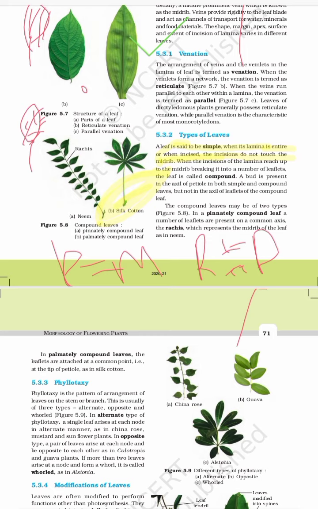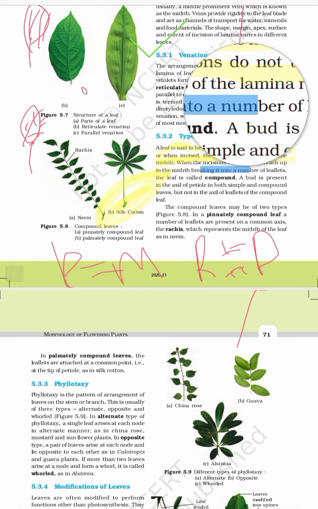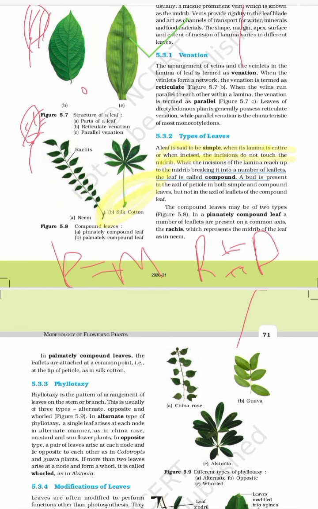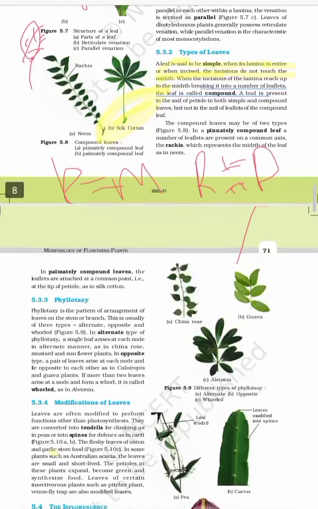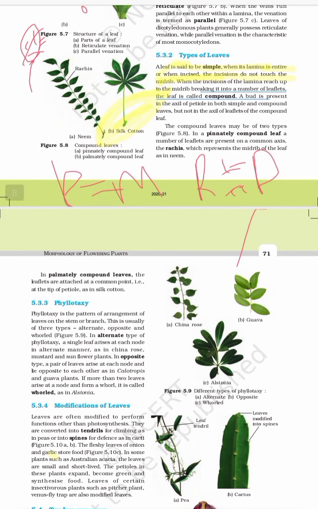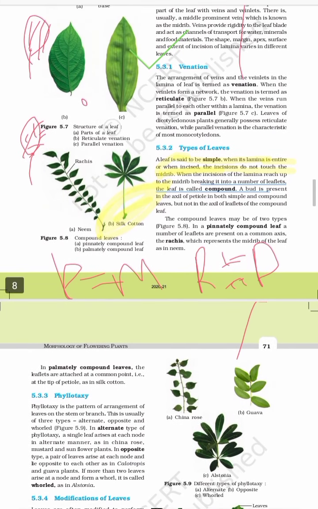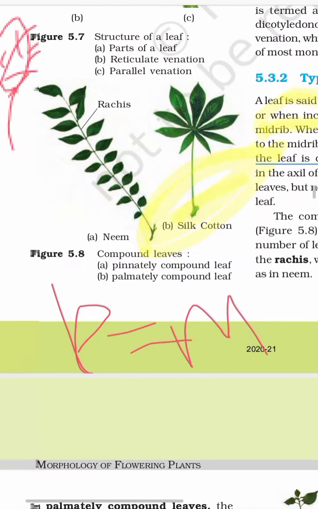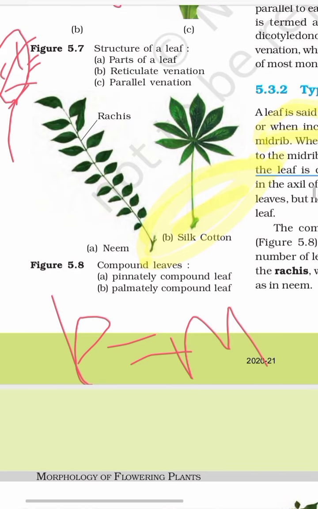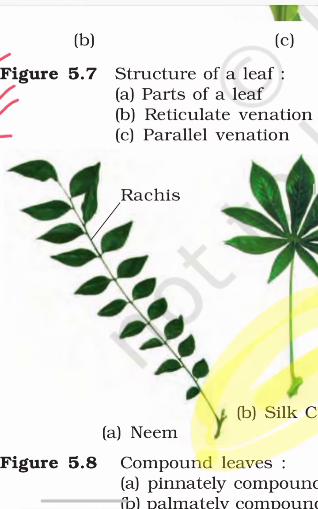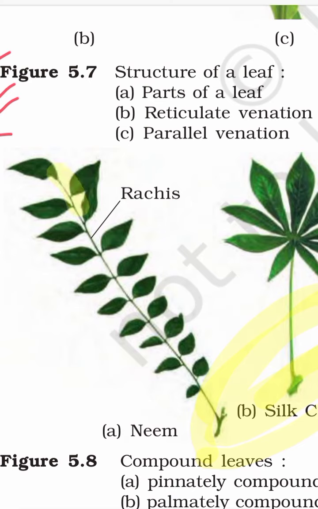So you can read the definition over here, that when the incision on the lamina reaches the midrib, breaking the leaf into a number of leaflets, it is called a compound leaf. Let me tell you one example of a compound leaf, right? See, this is a compound leaf, right? It has one main rib, right? This is one pure main rib.